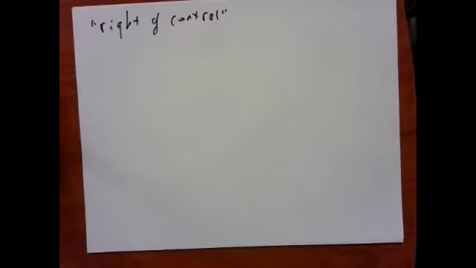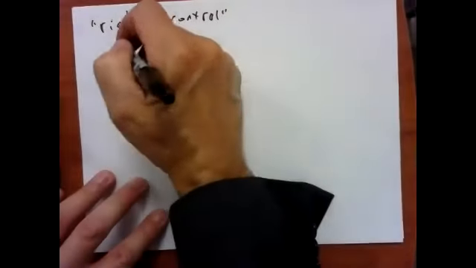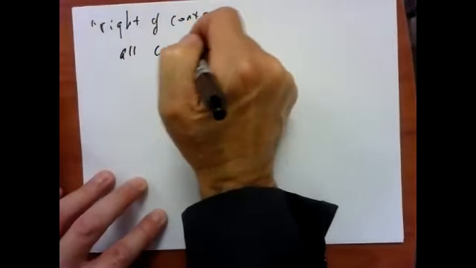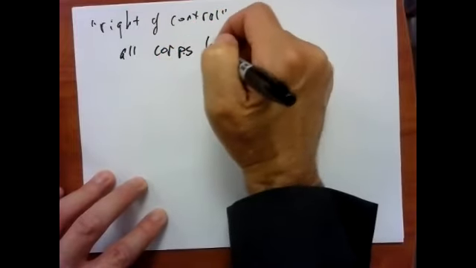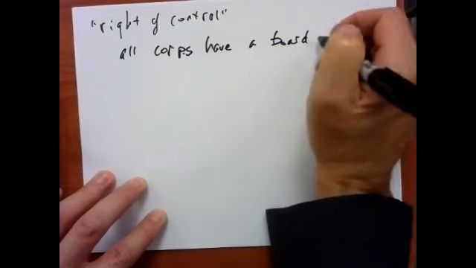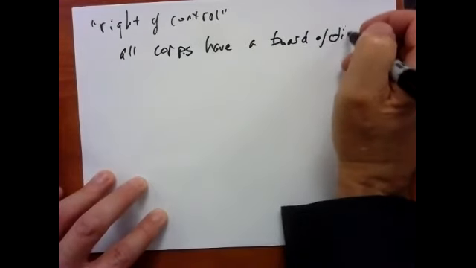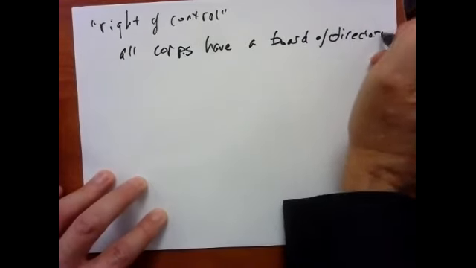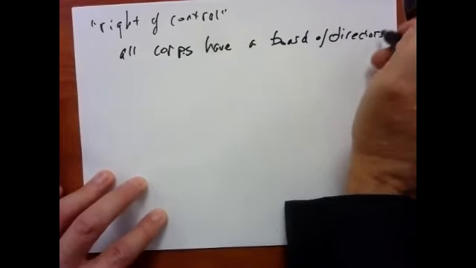Now, all corporations have a board of directors. In a minute, we'll talk about not-for-profit corporations, and they have a board of trustees. Basically, the only difference is the name.